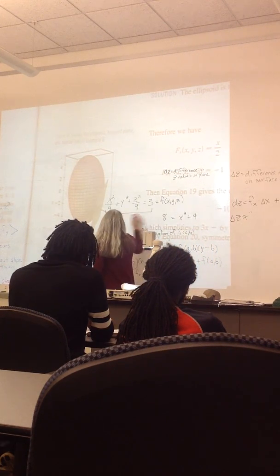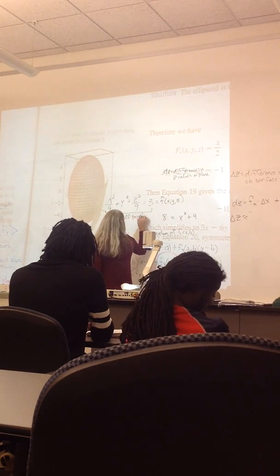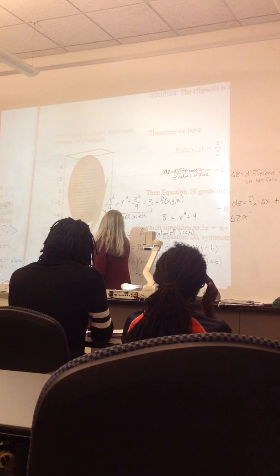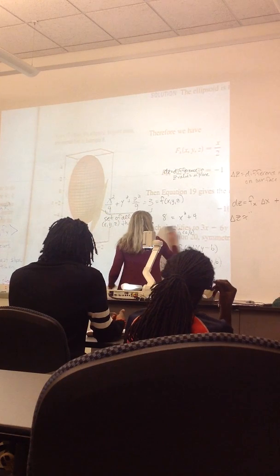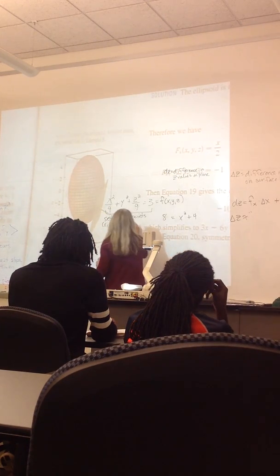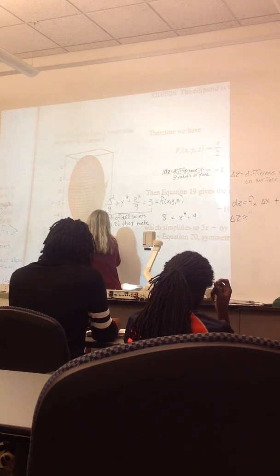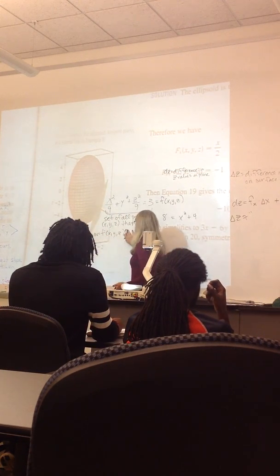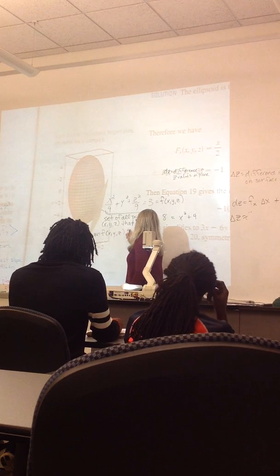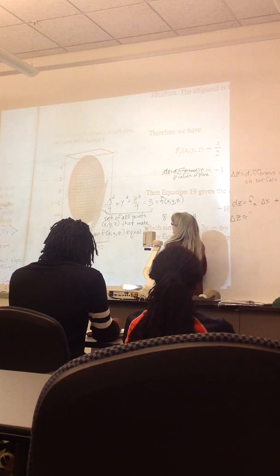So this is the set of all points x, y, z that make f of x, y, z equal, like some fourth variable w, equal to 3. Okay, so there's infinitely many points, but they all have to fall on that ellipsoid.